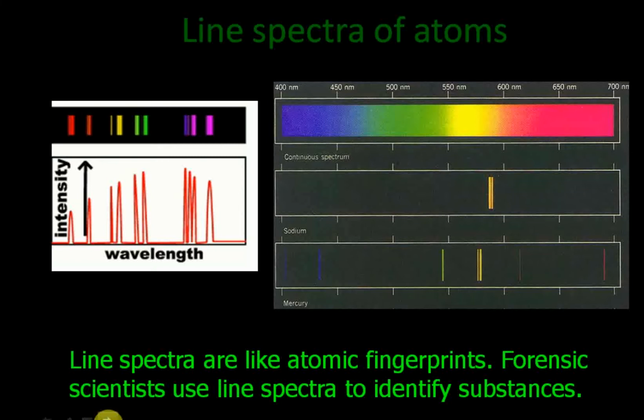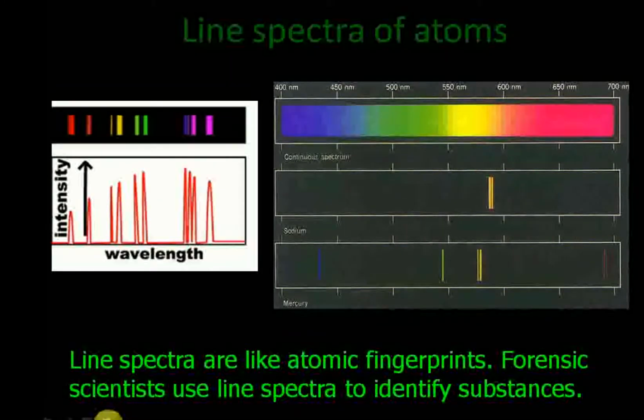The line spectrum, or particularly the line spectrum of emission, is related to the atomic state of the matter.